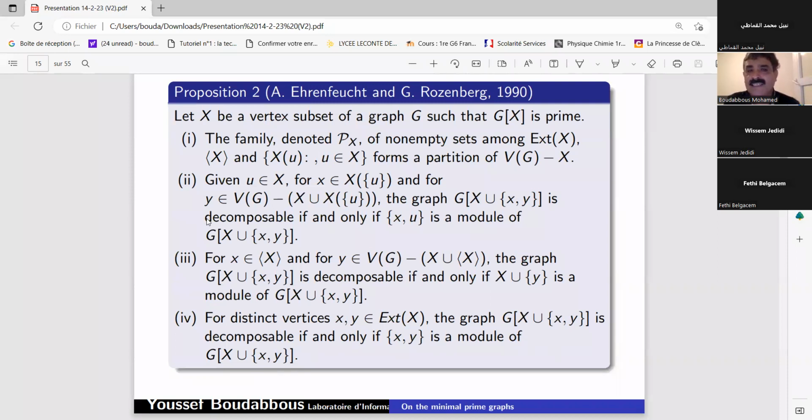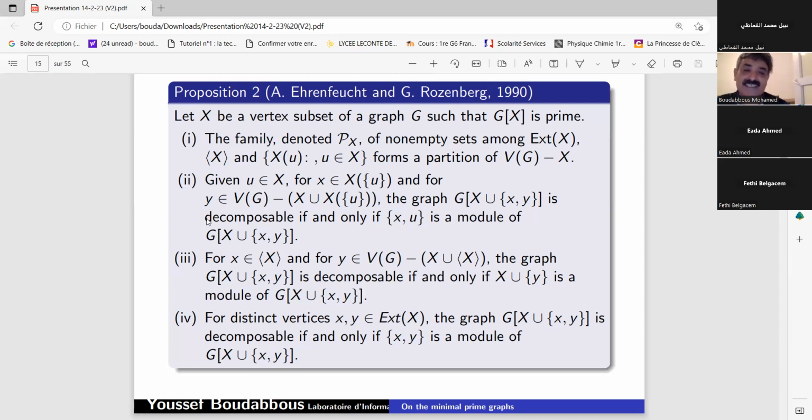But given X in XU, if Y is outside XU, and XU is a model, that is, if Y is not mixed in XU, clearly the subgraph induced by X union XY is decomposable because we have the non-trivial model XU. And in this assertion, we say that the subgraph GX union XY is decomposable if and only if XU is a model of this subgraph.